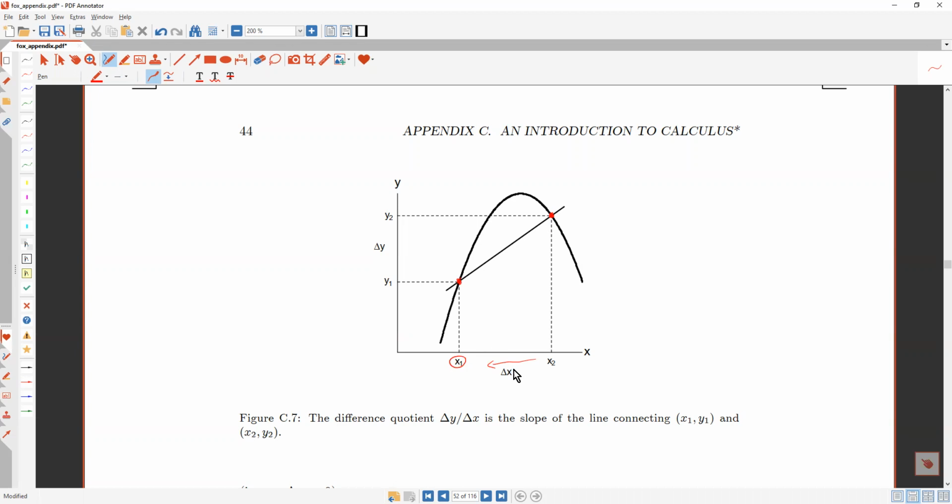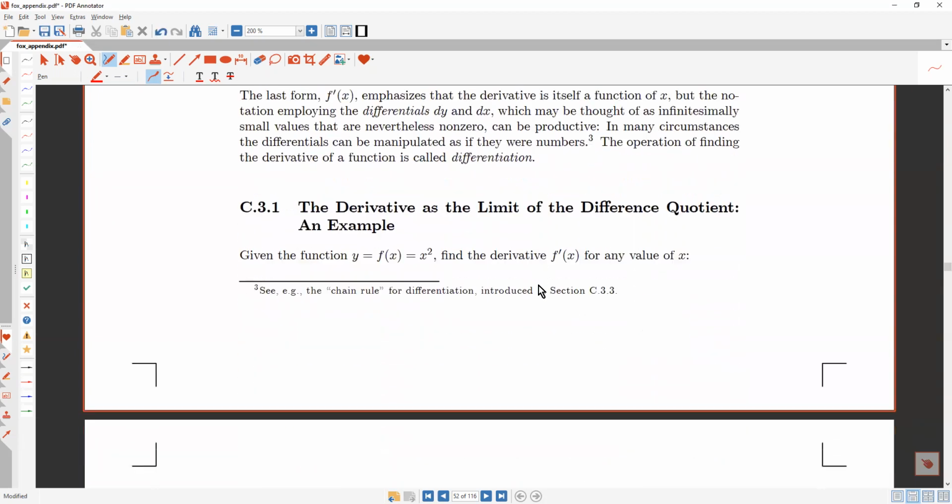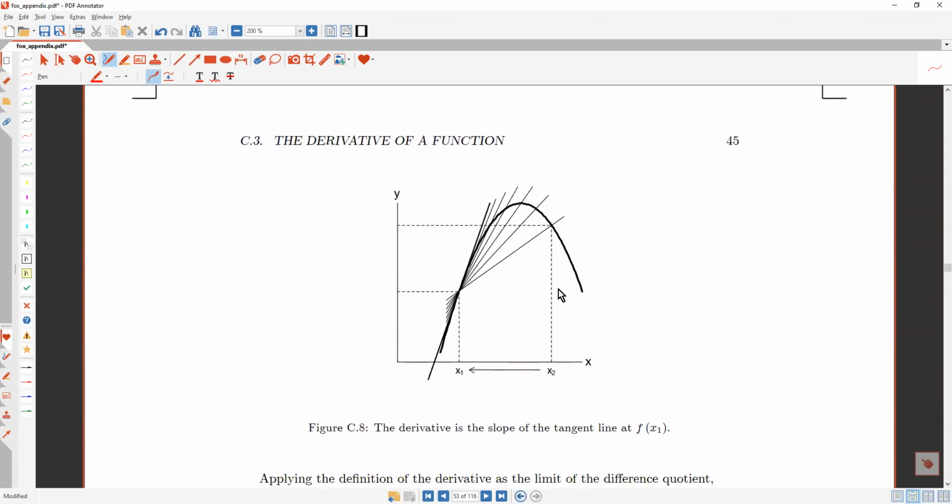In other words, we're looking at a change in x, right? So what happens as we draw more and more points here until we keep getting closer to this particular stationary point, x1? Well, that's what we have over here on the next page.